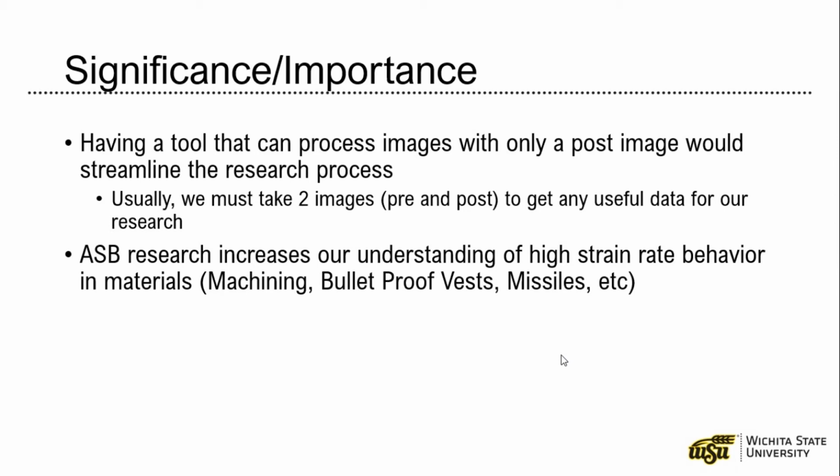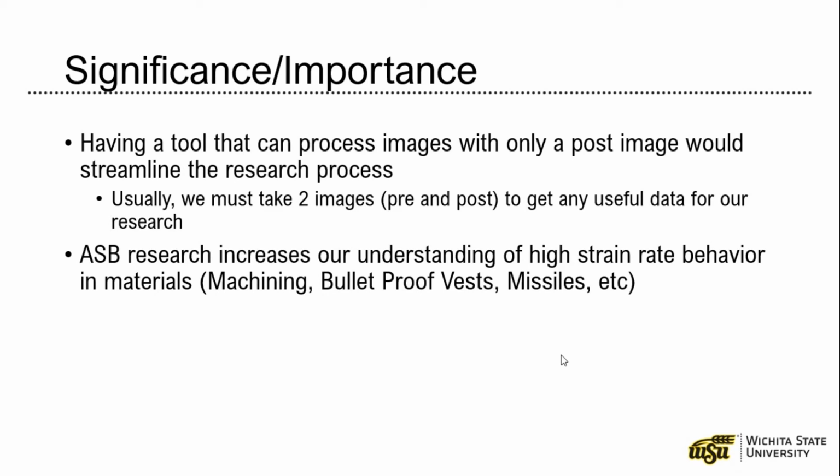We can also use it to confirm our FEA models, which is finite element modeling. And then we could also take images of multiple pictures and set up a database for machine learning, like we said earlier.